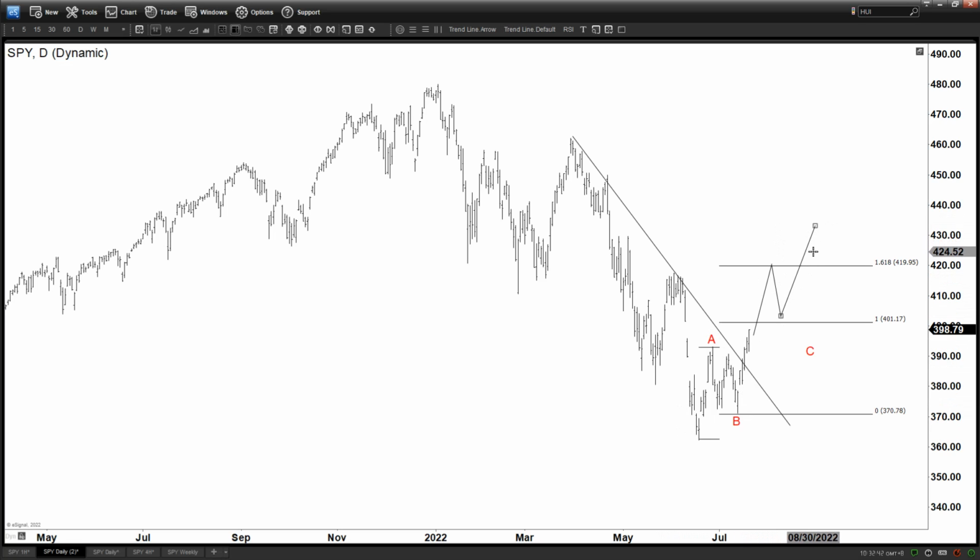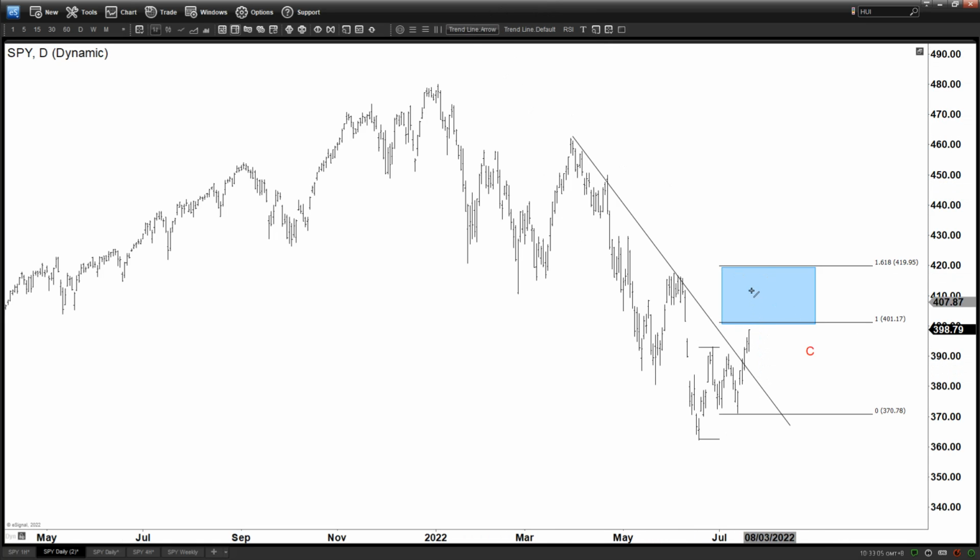But that's not what we are calling for right now. It's within the possibilities, it's a possible option, but it's not the primary view. The primary view is just calling for a 3-wave rally, which should be ending somewhere around this area, between 401 and 420. Then from here we can get a pullback first.